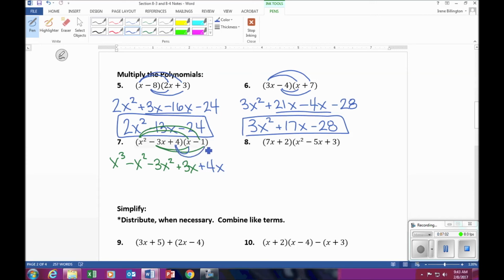Multiply the 4 by the 1, which would be plus 4. Then we combine any like terms to get our final answer. X cubed does not combine. We need to combine negative 1x squared minus 3x squared, which would be negative 4x squared. Combine 3x and 4x, which would be plus 7x, and then we have plus 4 on the end.